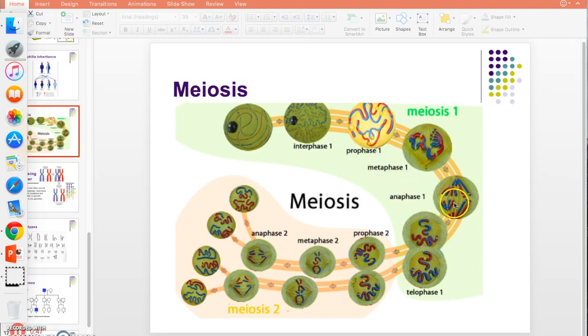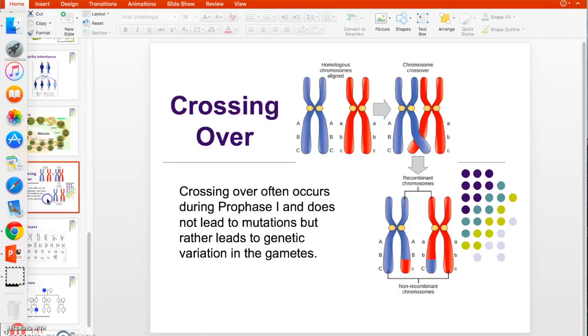In anaphase 1, homologous chromosomes are pulled to opposite poles, thus allowing a separation that will then be able to produce these gametes at the end of meiosis 2. There are 2 cycles of division in meiosis, so you go through PMAT once and then PMAT twice in order to produce the 4 gametes. Again, crossing over happens during prophase 1.